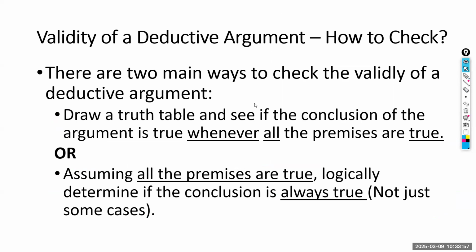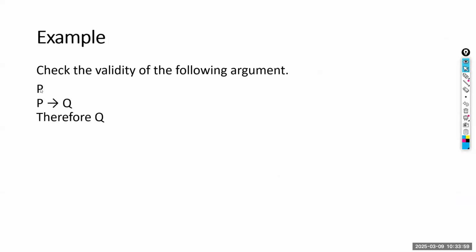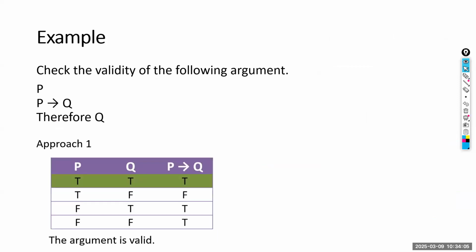Let's take them one by one. We did this in a mechanical manner with truth tables. Now let's do it the other way, the second approach. These are your statements: P implies Q, therefore Q. How do you start?